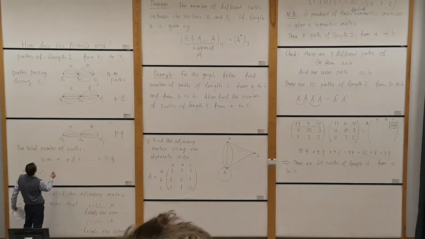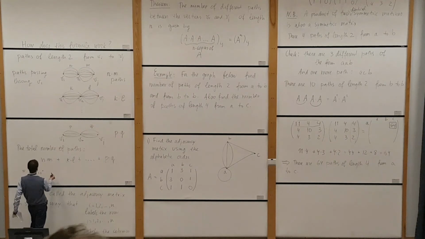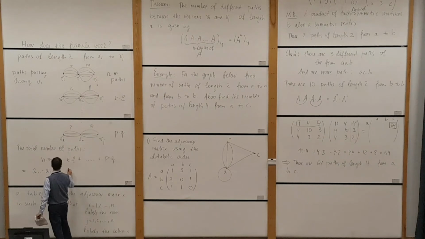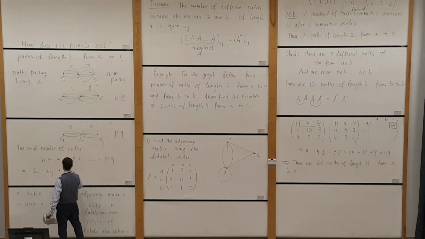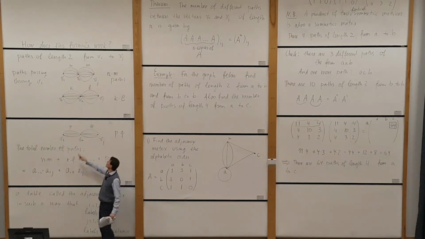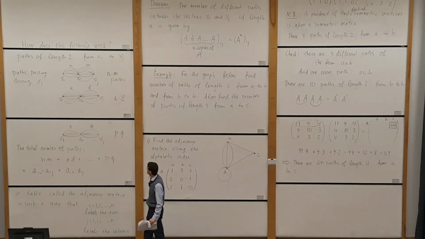And multiply this by m, which using the adjacency matrix is a_1j, the number of edges between v1 and v_j, plus a_i2 times a_2j. That's instead of k times l, the numbers I just chose at random there.